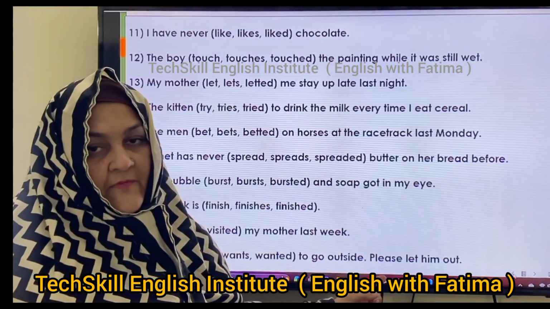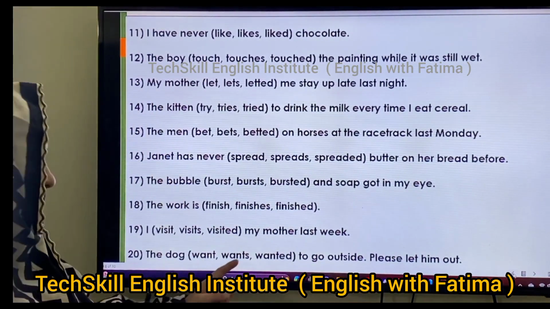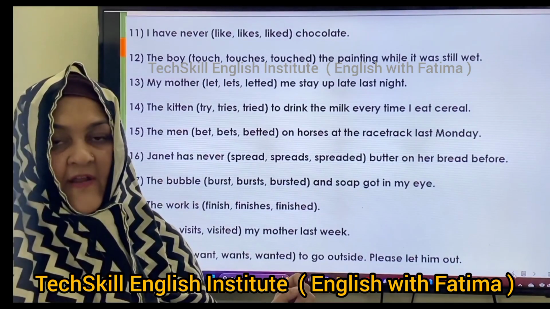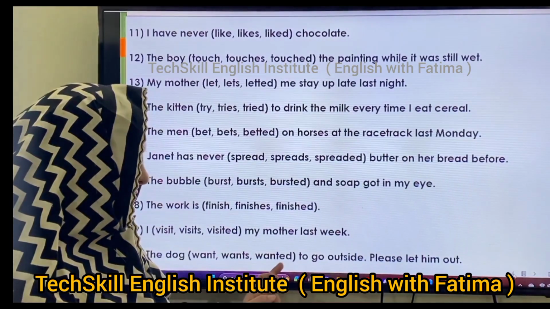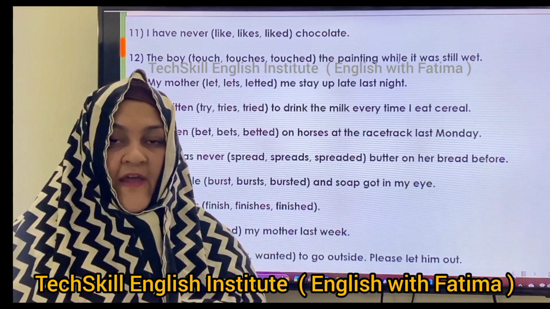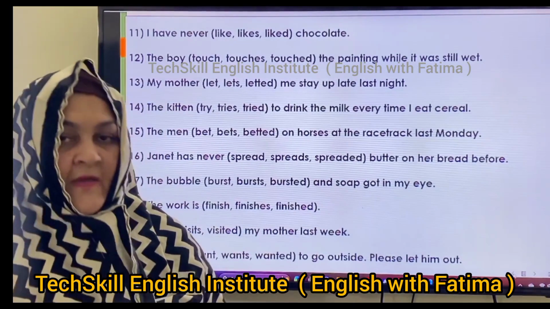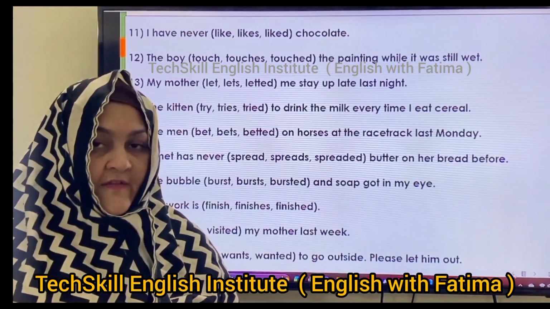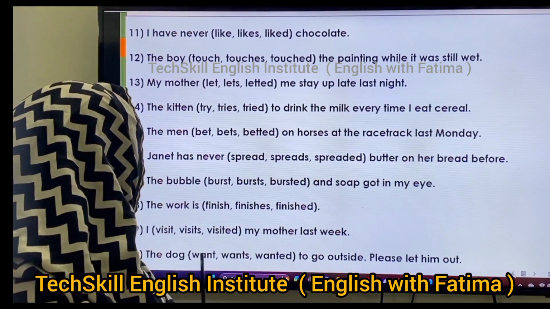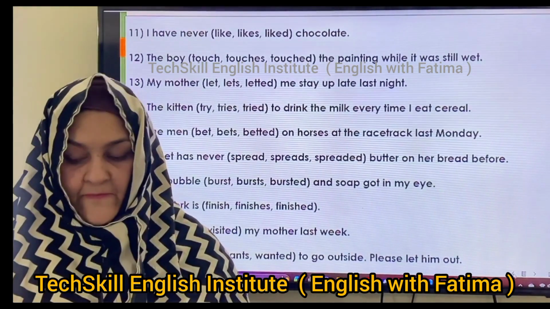It means that this should be present tense here. So what is the correct choice? Wants. But if it had been in the past, we could have chosen wanted, because this is the regular form of the verb. It carries ed at the end of the verb. Okay, so what is the correct answer in this sentence? The dog wants to go outside. Please let him out.